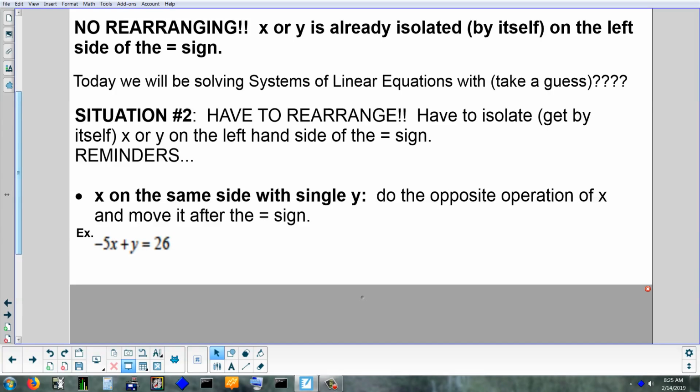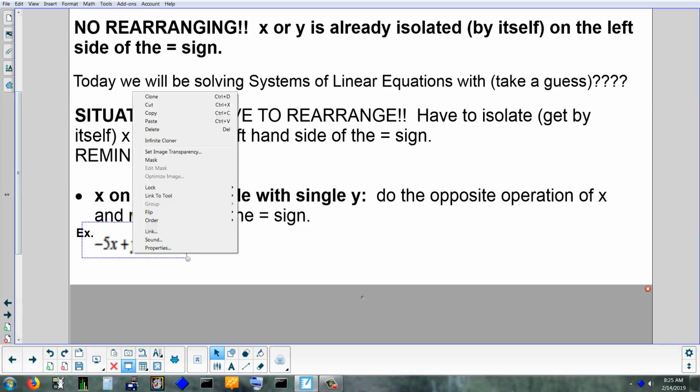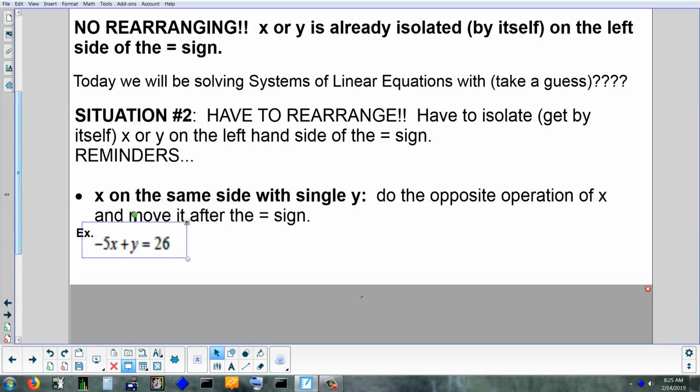So here it says you have an X on the same side as a Y by itself, a single Y. You've got an X and a Y on the same side, and the Y is by itself here. There's no number in front of it. The way you handle this situation, you do the opposite operation to X. So when we say opposite operation, what does that mean?